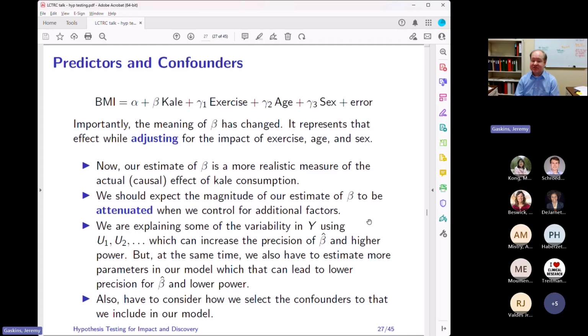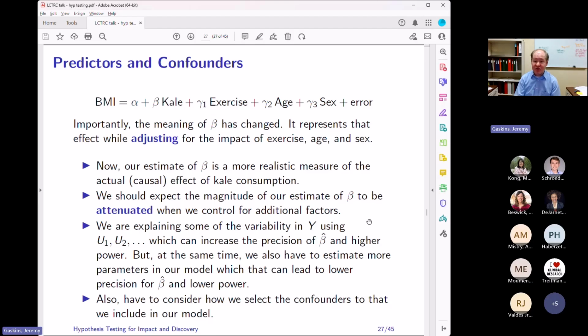One is I'm explaining away some of the variability in BMI by using my other variables, right? I would certainly expect exercise is going to be a really important predictor for BMI. And so that's going to explain away a lot of the variability. Age and sex are also going to play a big and important role. So that's going to, on the one hand, increase my precision in the effect of beta, leading to higher power.